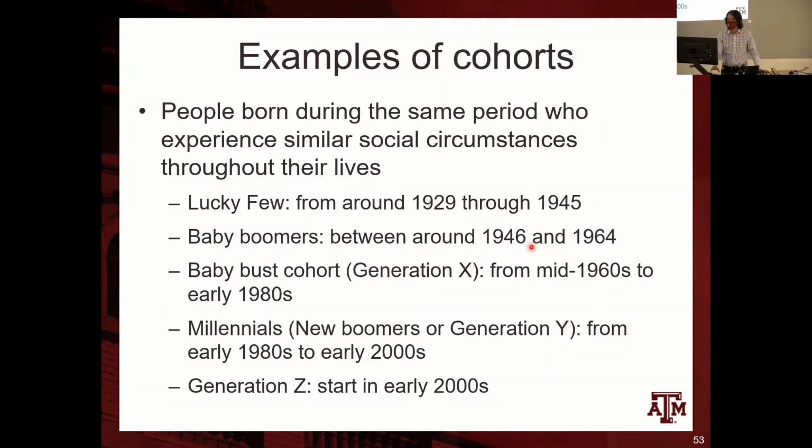But after a while, fertility starts to decline. Between the mid-1960s and early 1980s, you have what's called the baby bust cohort, which some people also call Generation X.